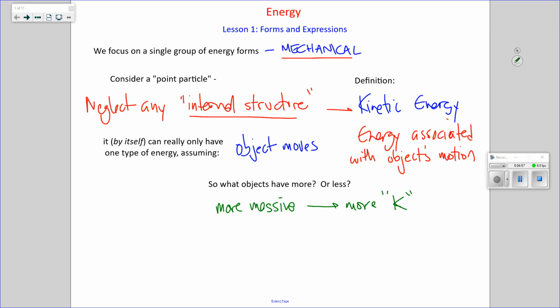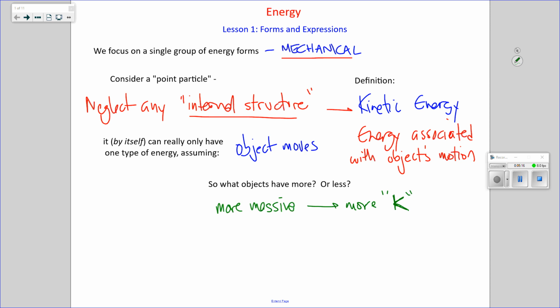As College Board AP Physics type students, we will abbreviate kinetic energy simply as K. Some people do it as KE, but we'll just use K. The more massive objects are, the more kinetic energy they tend to have.